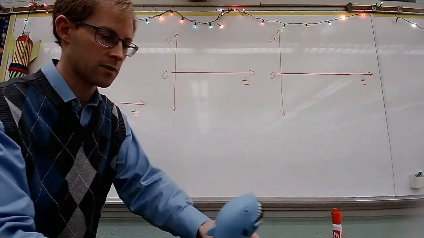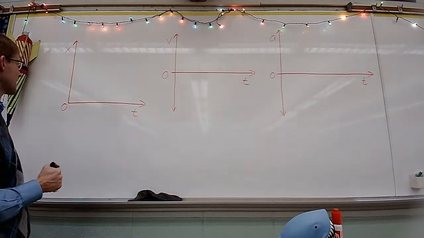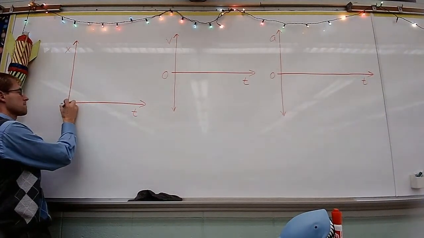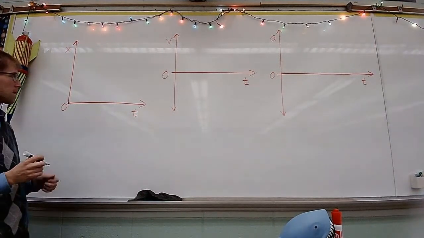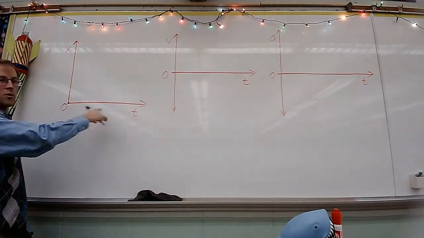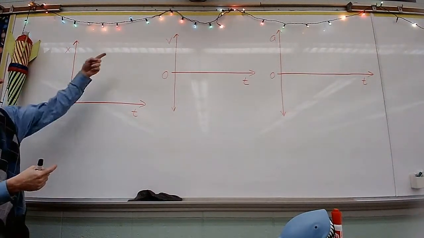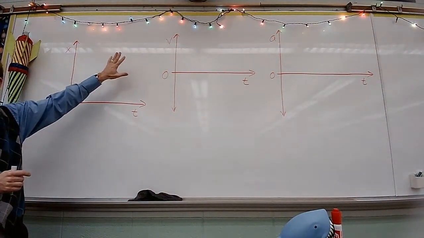So let's think about this. As time begins, we start at the origin. So we know we're going to be starting here. And as time goes on, the shark gets further and further away from the origin. So we're going to be heading up this way, but we know that the speed is changing.